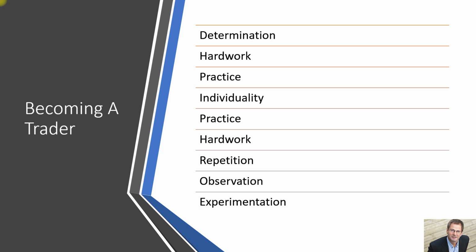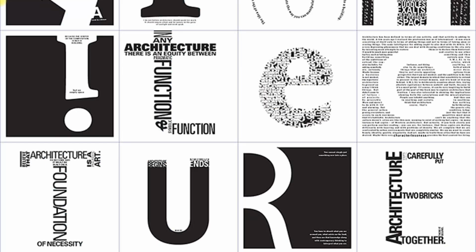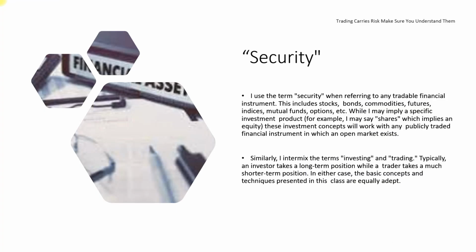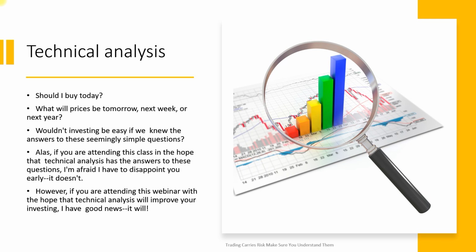Now, when you're a trader, you have to have determination, hard work, practice. Practice some more. Hard work again, repetition, observation, and experimentation. In my architecture trading, not strategy, price analysis or understanding price movement, what I've done is I've taken things that you're familiar with and given you a way to see price and make it something familiar, and let you tell a story about what is happening in price.